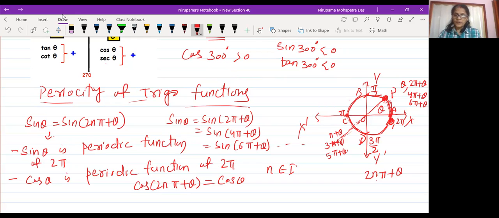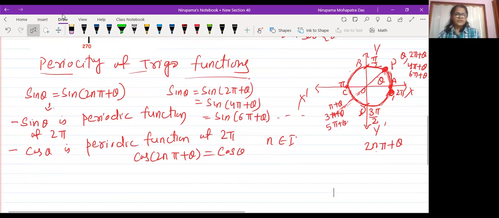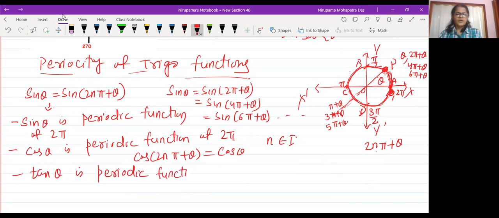Here we can observe the pattern: tan theta is a periodic function of period pi. So it means tan of n pi plus theta equals tan theta.